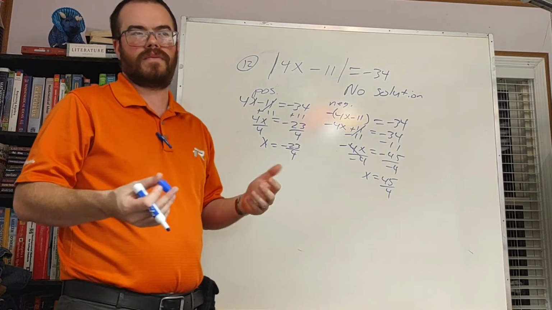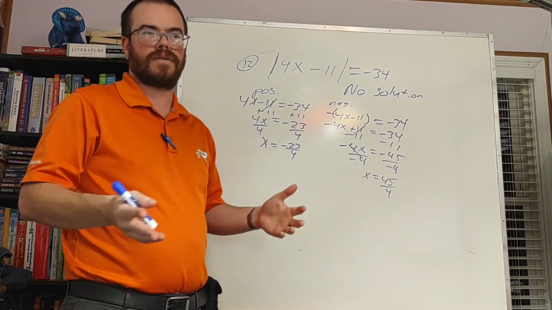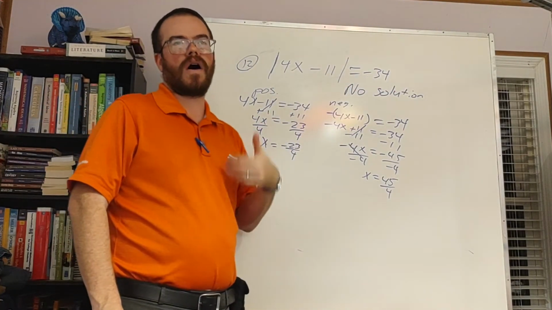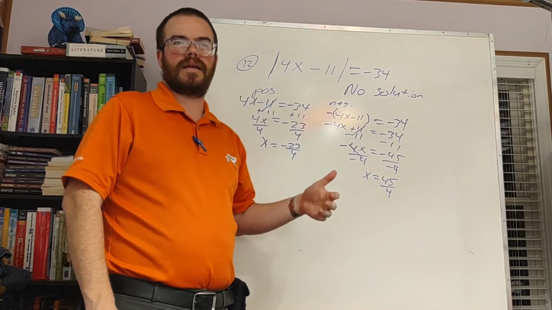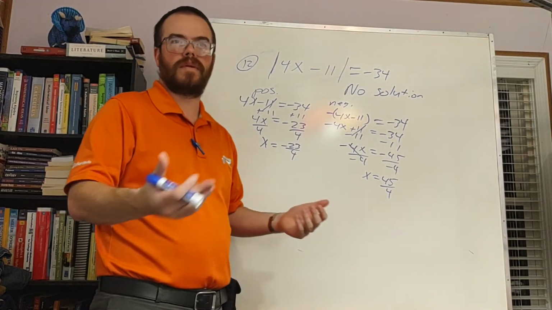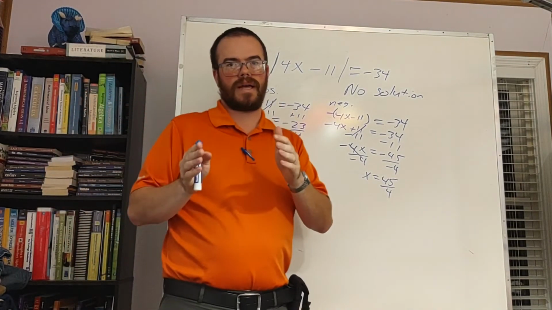So we can still catch that this is no solution and get the right answer, whether we took a second to think about it or not. So as long as you're applying the technique and you're doing everything correctly, you should still get out the correct answer, even if we have to do a little bit more work to see that. Okay. So remember, in math, there's two ways to do things.